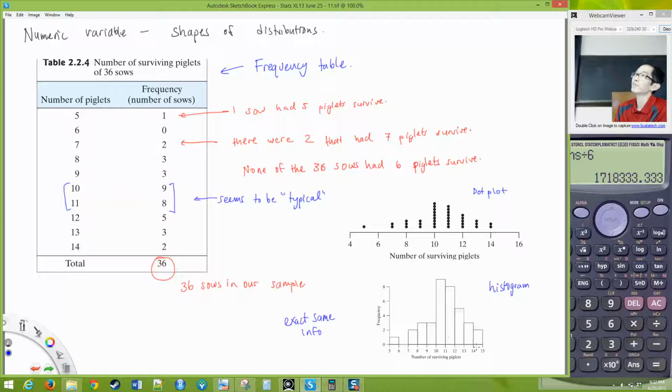The convention has become that this bar between 5 and 6 represents the interval. I don't know if you're familiar with square and curly brace notation, but the bar that goes right here represents 5 and including everything up to but not including 6. Okay, and so this bar would be the one for 5.